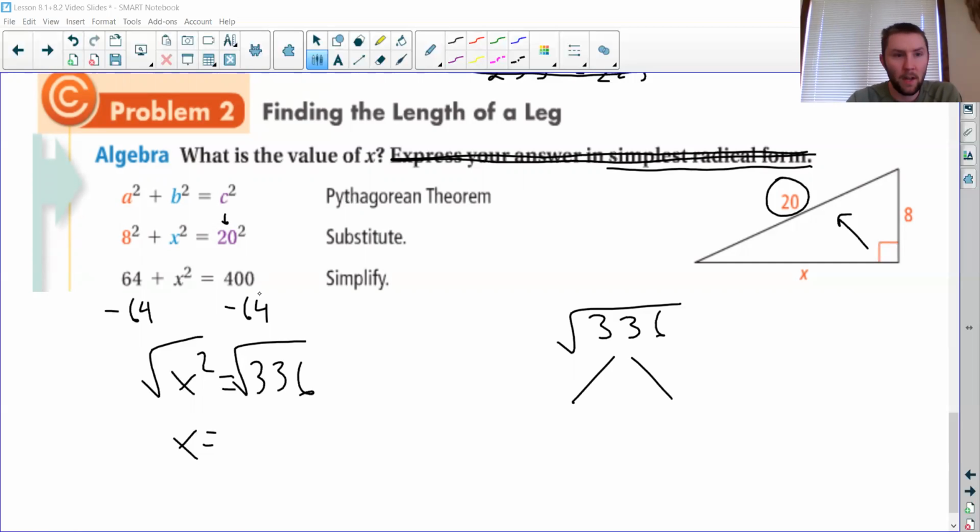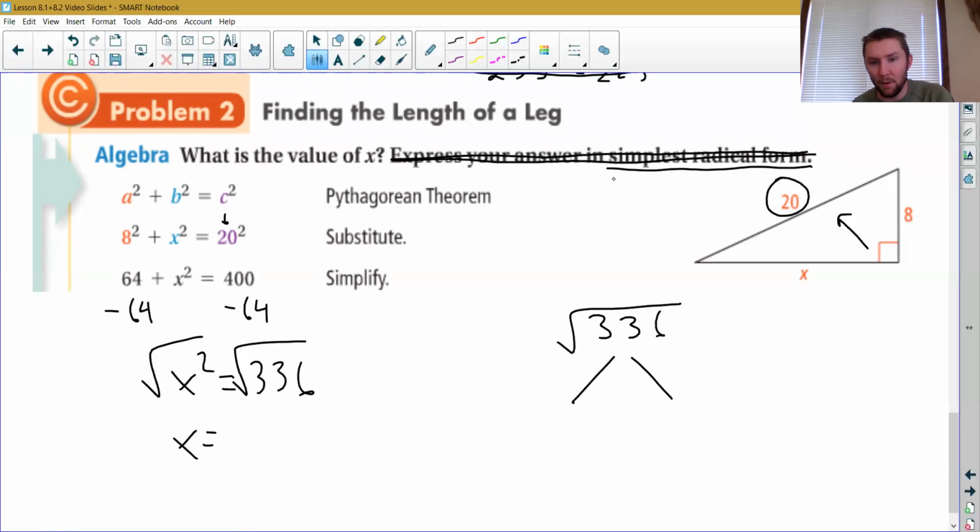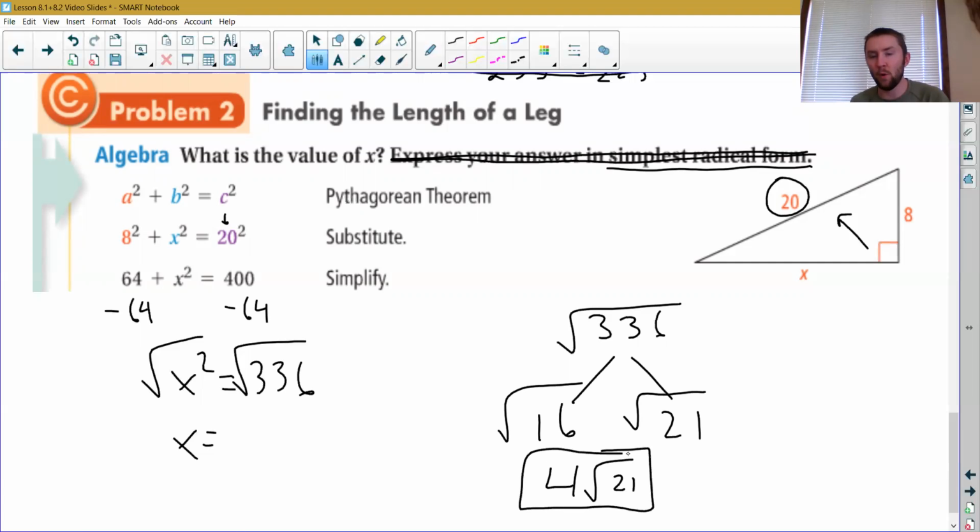That doesn't quite work. Divided by 9 doesn't quite work. Divided by 4, divided by 16 is going to work. So I can split the 336 into 16 times 21. I can square root each of those, and I end up with 4 radical 21, and that would be the simplest radical form because 21 cannot get split up at all.